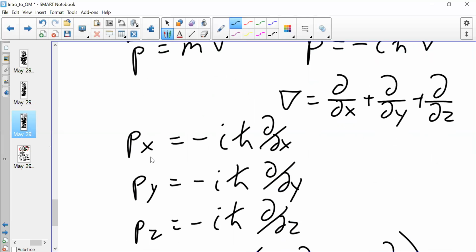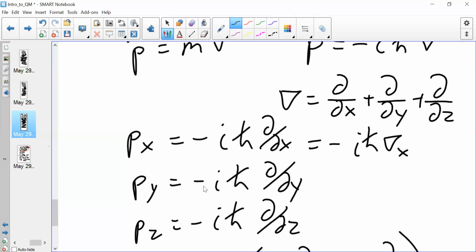Therefore, I transform px into negative i h-bar del x, borrowing from here, and this is the full.